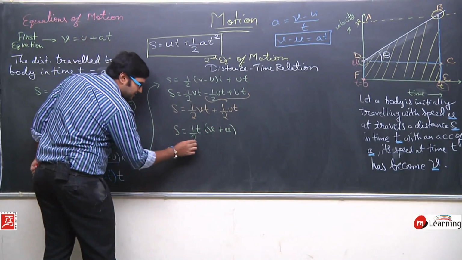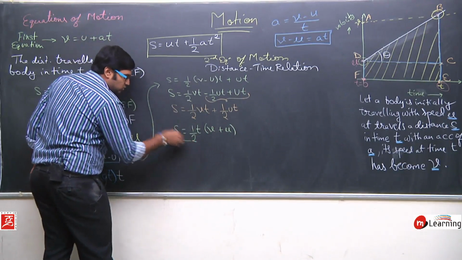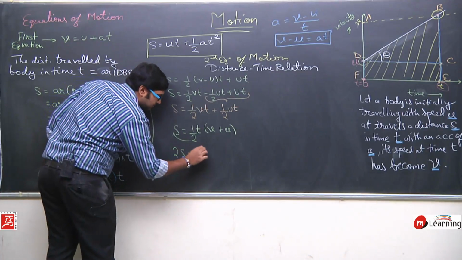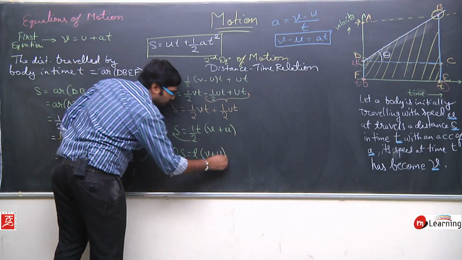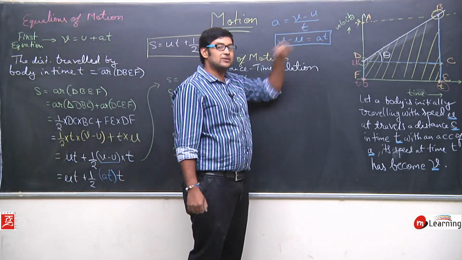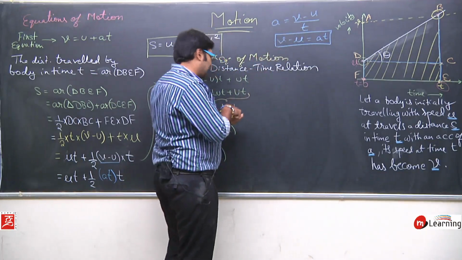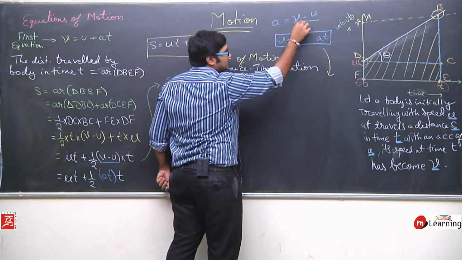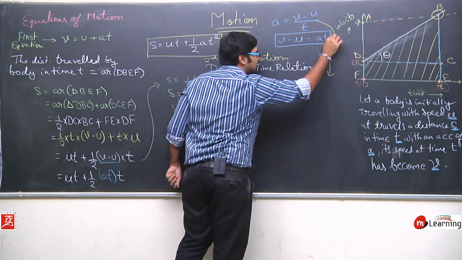Now from this, if I transfer this 2 to the LHS, I will get 2s is equal to t times v plus u. Now observe this condition. From this condition, how will you calculate the value of t? Let's use this condition.